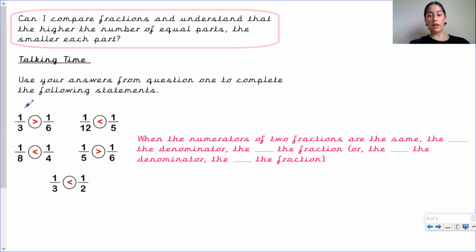When the numerators of the two fractions are the same, the smaller the denominator, the larger the fraction. Or the larger the denominator, the smaller the fraction.